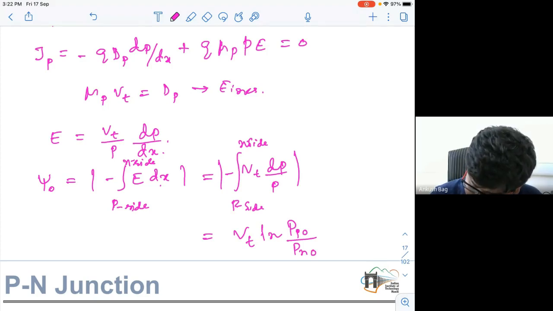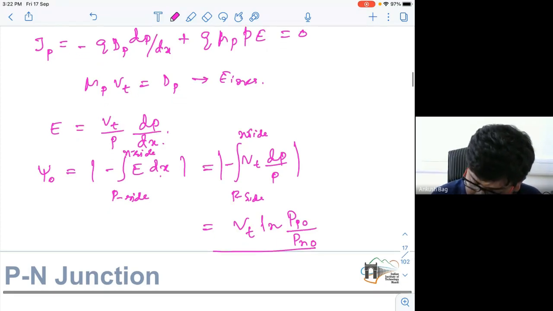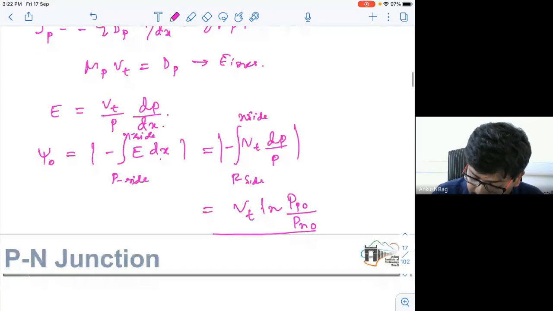So this is psi naught. This particular equation we derived previously also, in the second discussion of this module 2, but we came to this relation differently. This relationship is once again called the Boltzmann relation.